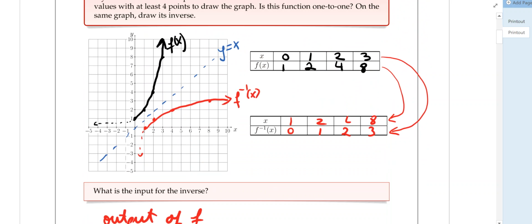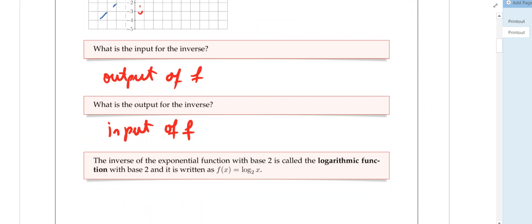So if you have f, and f of x is 2 to the x, the exponential function with base 2, its inverse is going to be called the logarithmic function with base 2. And this is how we write it. We write it as log base 2 of x.